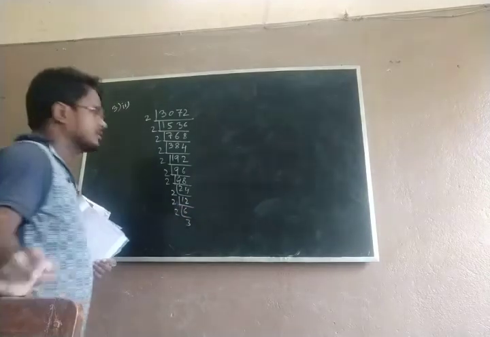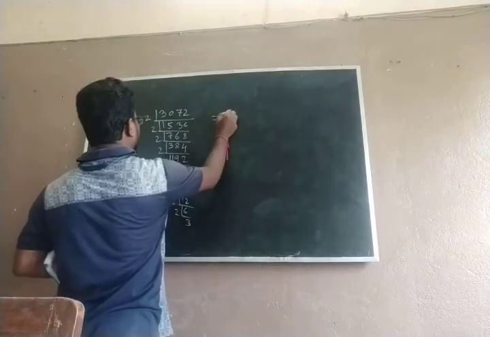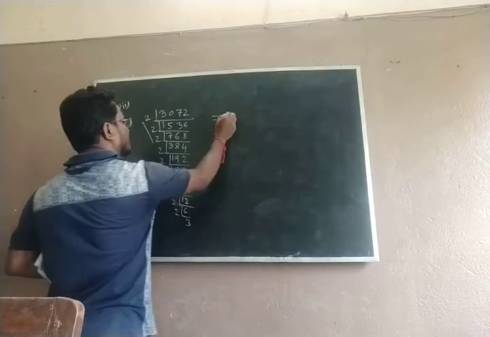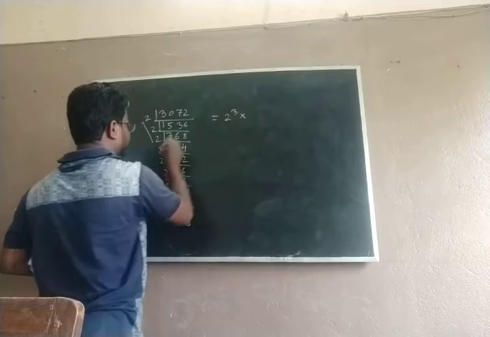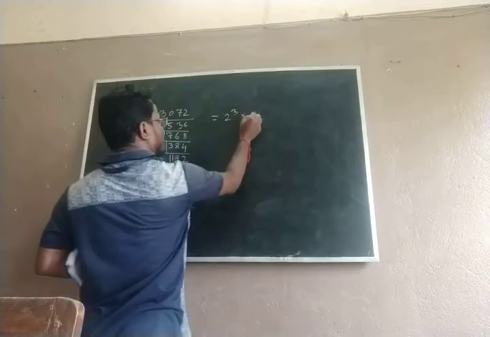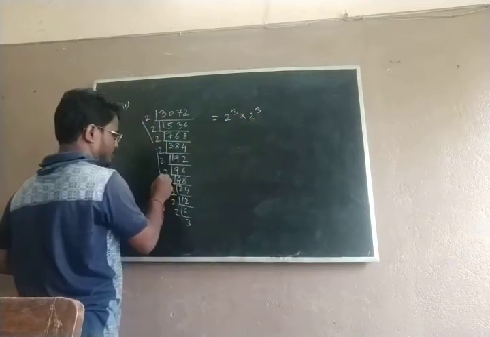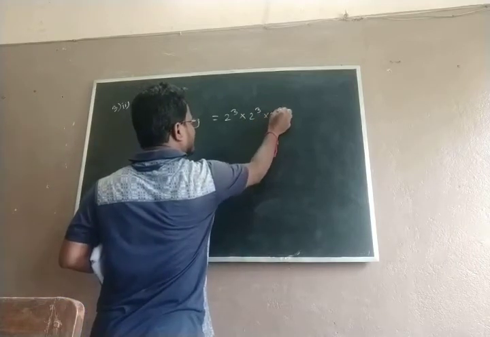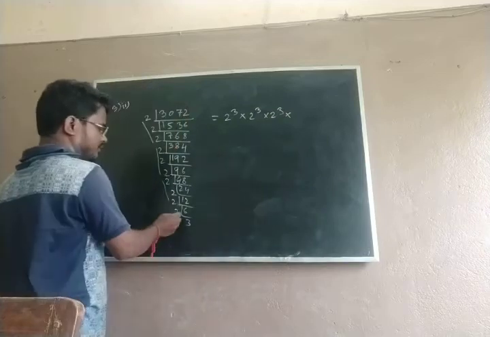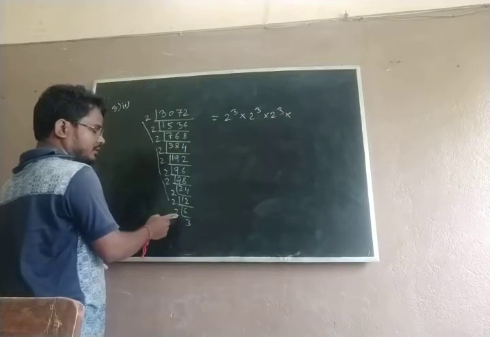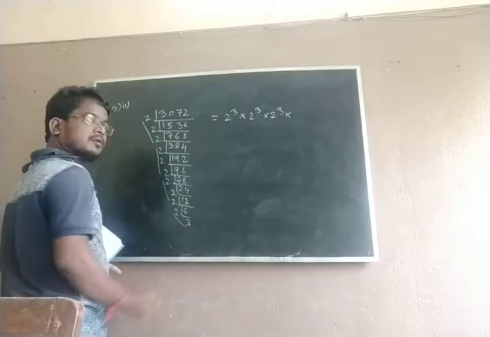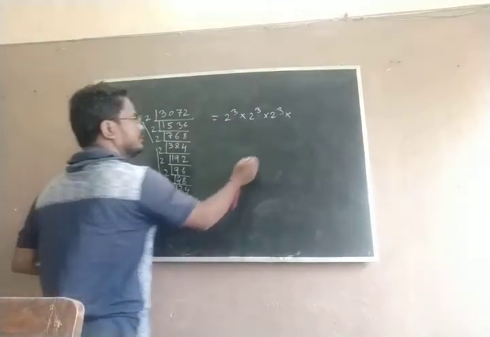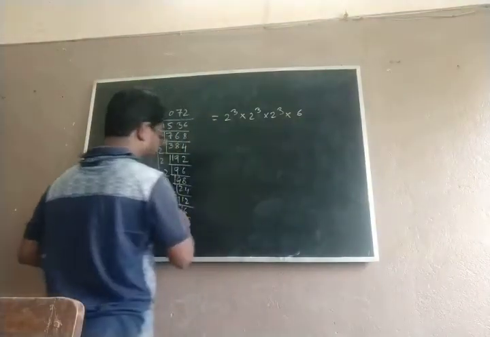2 cube, 2 cube, 2 cube. Now see, you have to multiply by 6. 2 into 6.